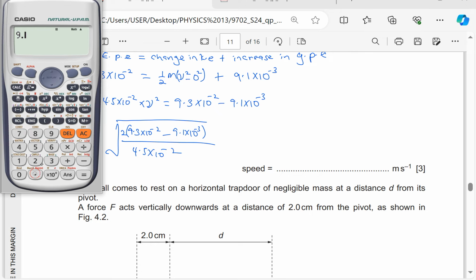So I have 9.3 exponent minus 2 minus 9.1 exponent minus 3 times 2 divided by 4.5 exponent minus 2.